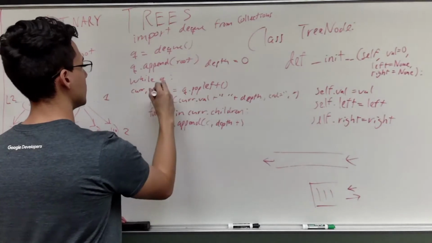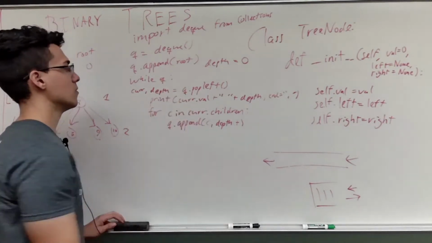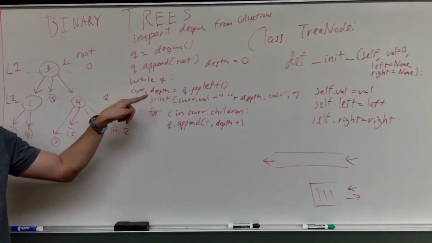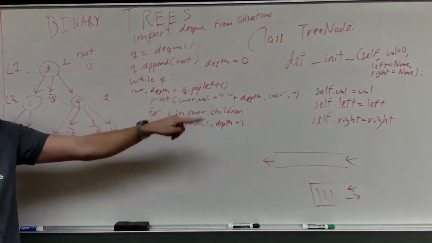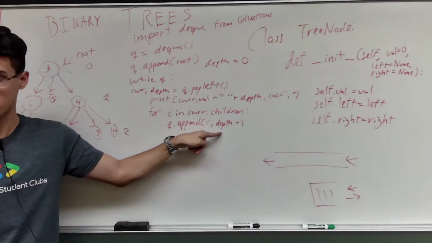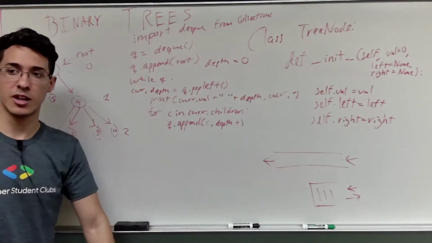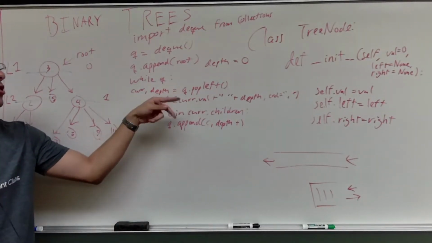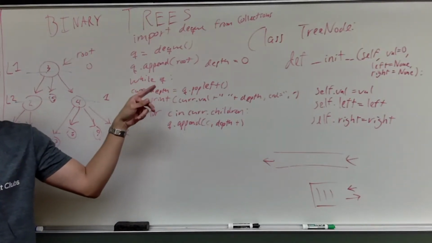Yeah, exactly. There we go. So basically, it's the current node and then the depth, which is in the queue. For each child, I append the child and depth plus 1, because it's an extra level down, and that's going to transfer when you go to the next root.